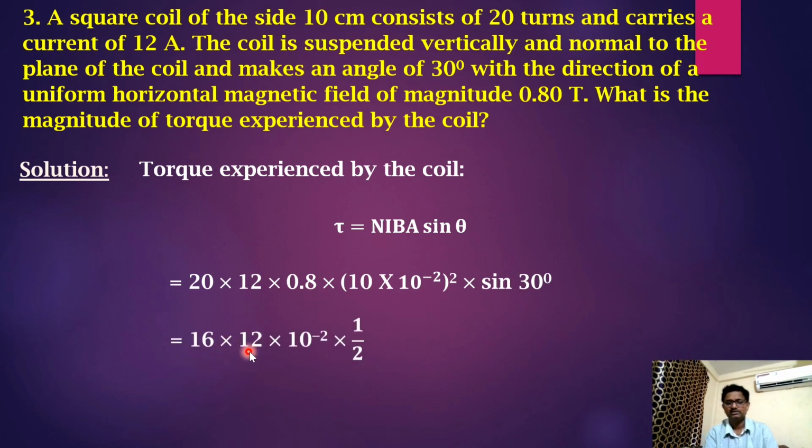If we simplify, we get 16 into 12 into 10 power minus 2 into sin 30, that is 1 by 2. That is equal to 0.96 Newton meter. So the torque experienced by the coil is 0.96 Newton meter. Now we will go with the fourth question.